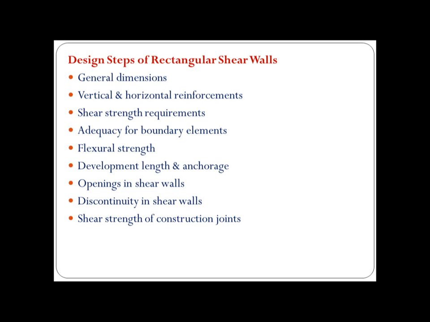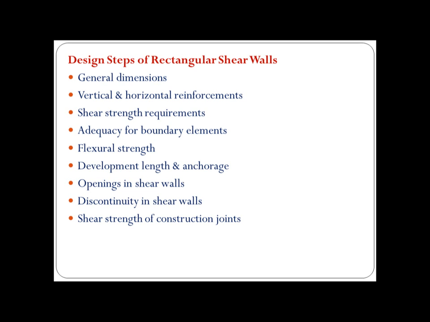With that shear strength requirement, we need to check for boundary elements, whether the given thickness and length is okay without a boundary element, or whether we need to go for one. Then we calculate the actual shear strength requirement, whether the minimum steel will be able to provide the shear requirements, or we need additional shear reinforcement.